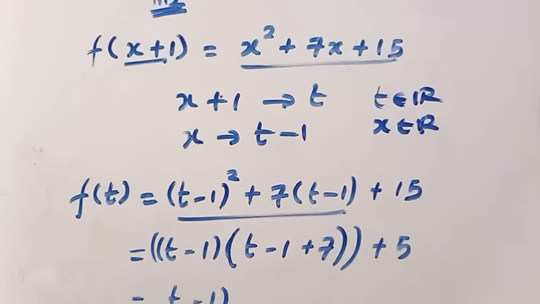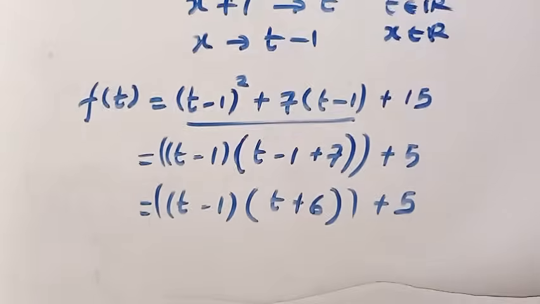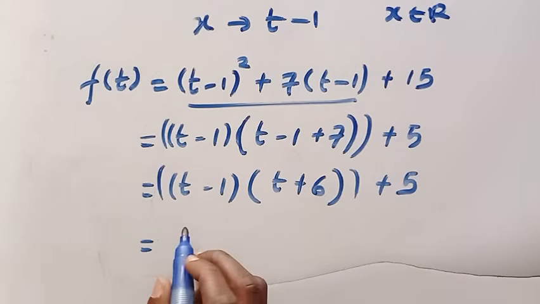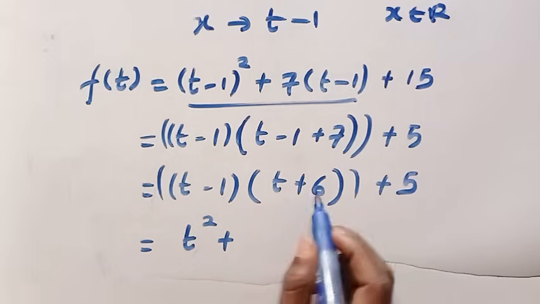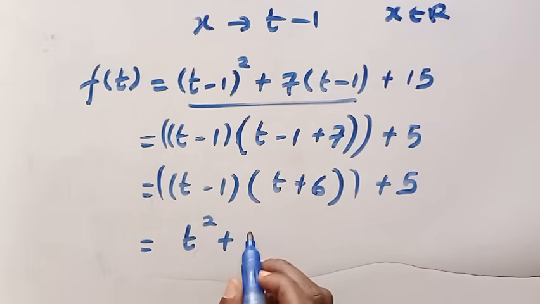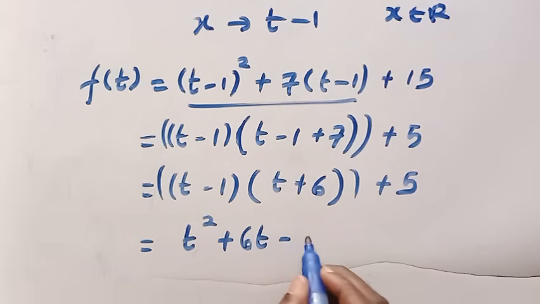Here we have (t - 1) bracket, this is t - 1 + 6 all in bracket, then plus 5. So next we have t multiplied by t, that gives us t² plus t times 5, that is 6t, this is minus t, and this is minus 6.